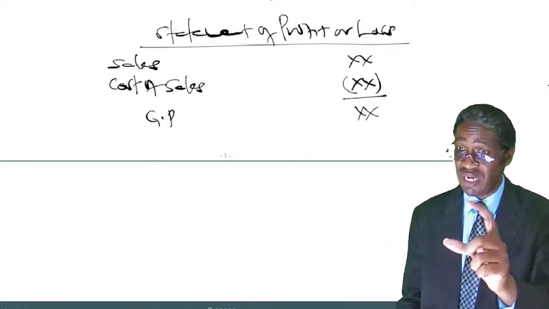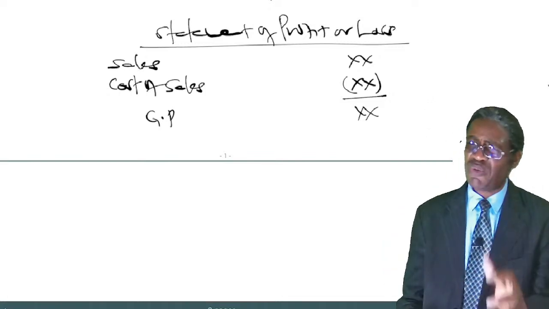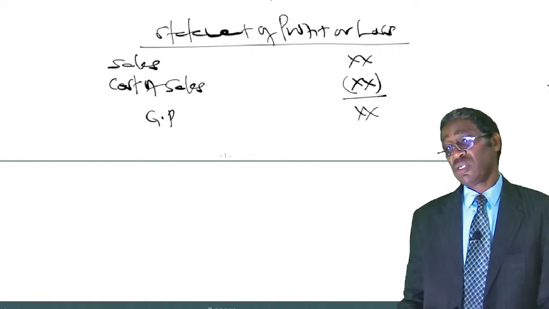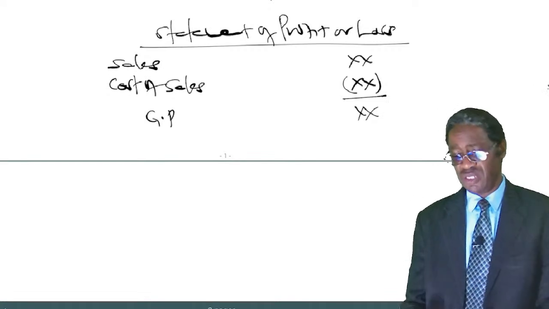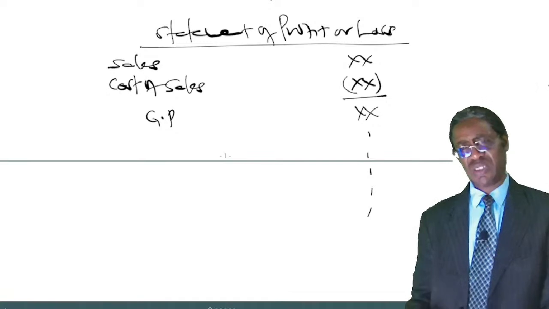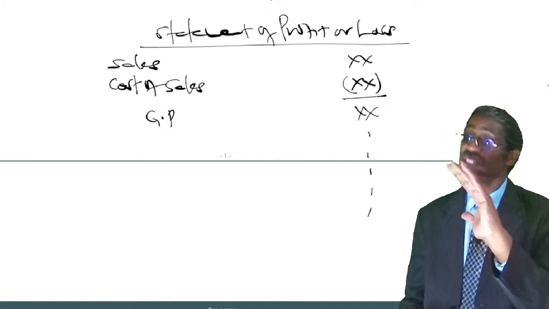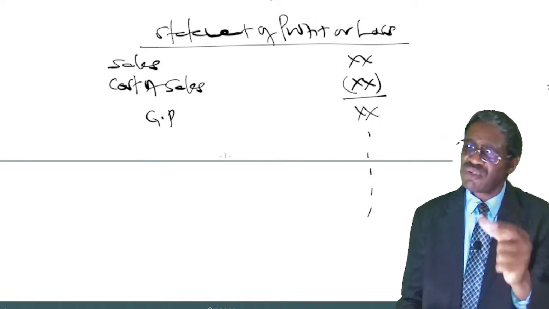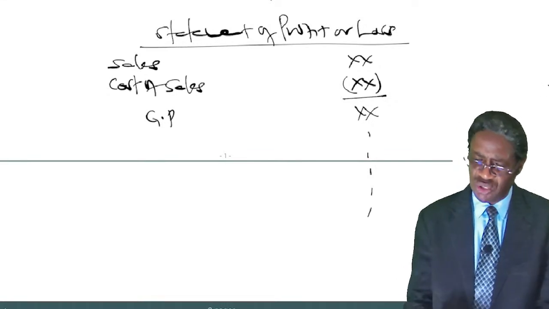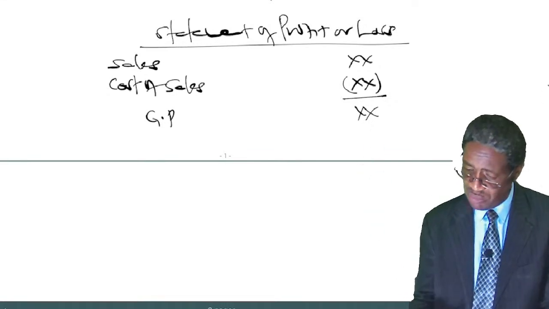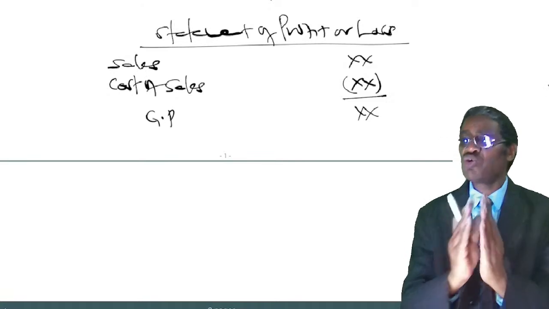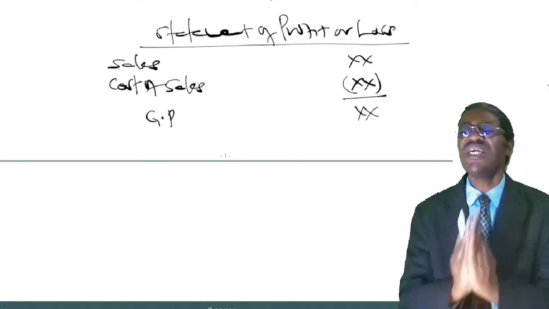You also remember, when you are doing income statement for a company, you normally minus expenses from the gross profit. That's true. But when it comes to income statement for publication purposes, I hope you still remember, because we are revising, you don't list the expenses individually.